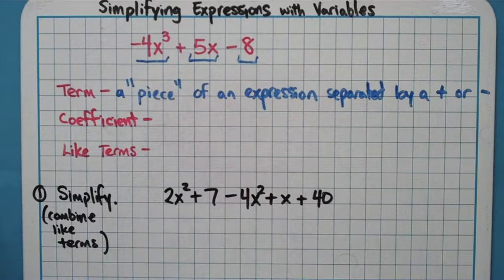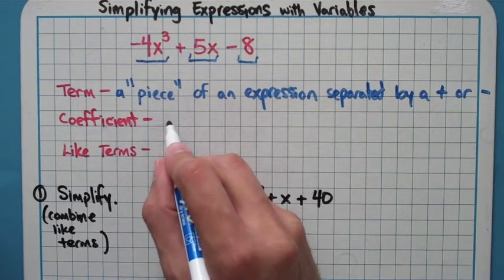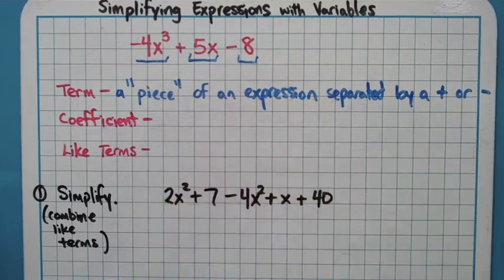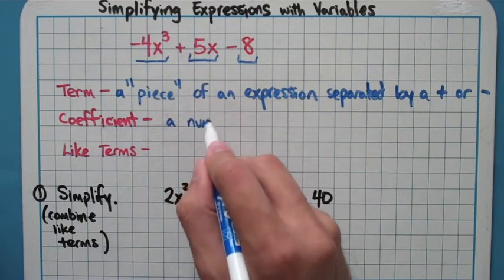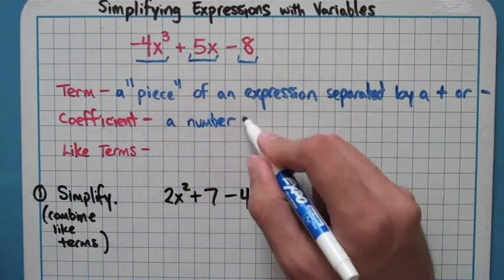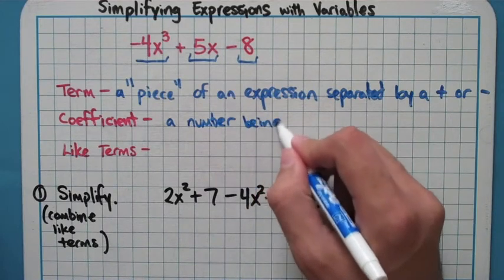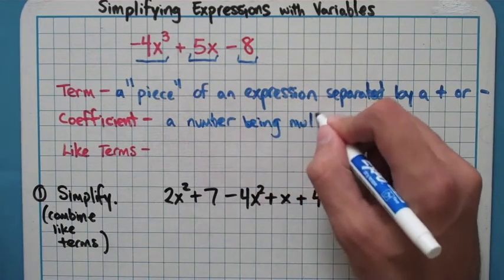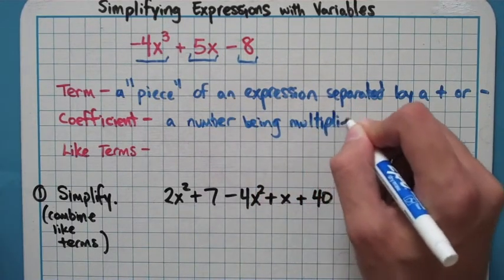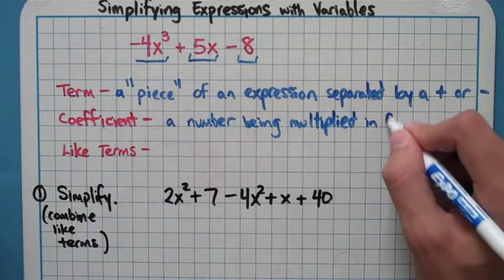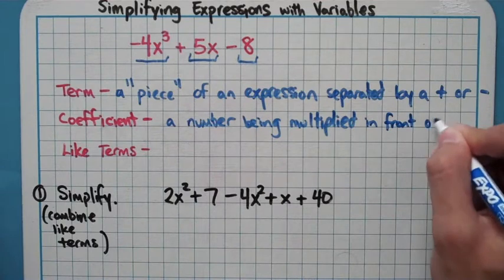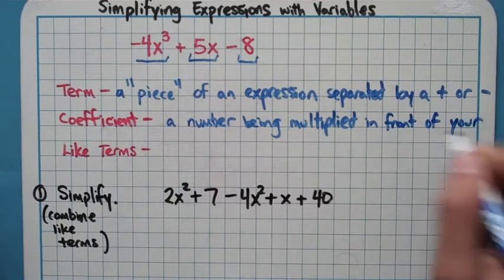A coefficient is going to be a number being multiplied against your variable. So a number being multiplied in front of your term, or in front of your variable.